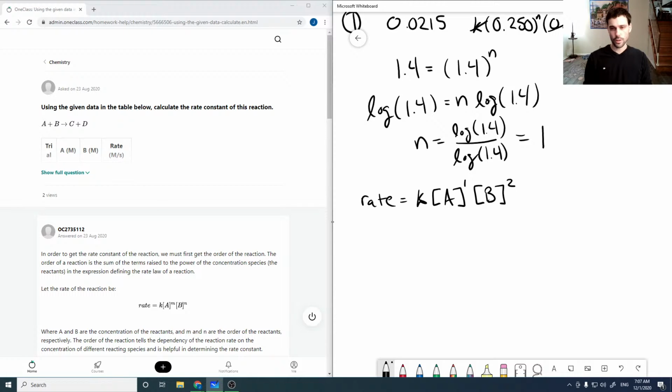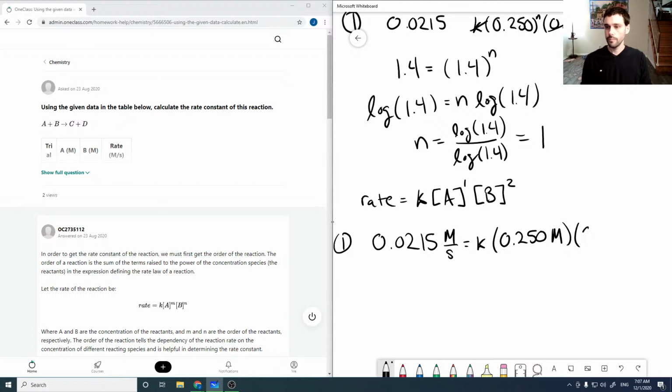So I'm just going to use the first equation. 0.0215, and that was in molars per second, is K, and A is 0.250 molar, and B was 0.200 for the first trial, and that would be squared.